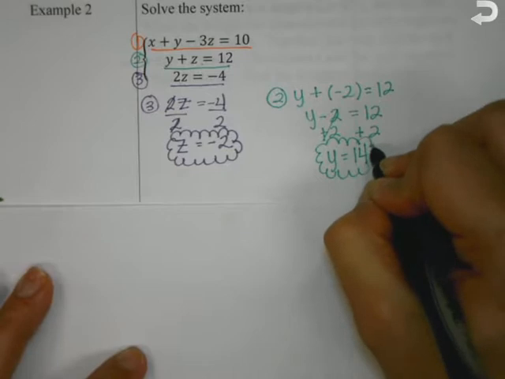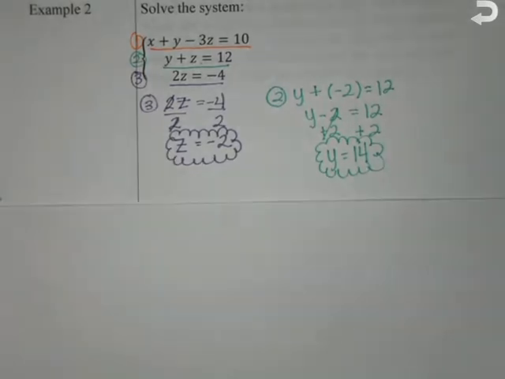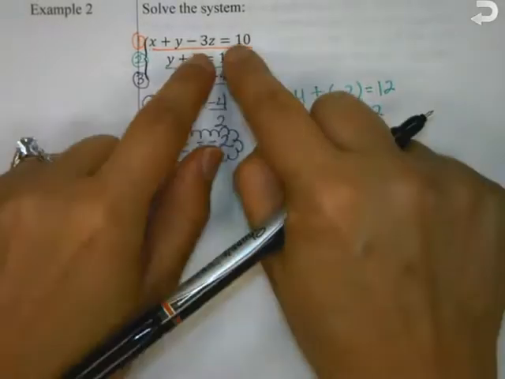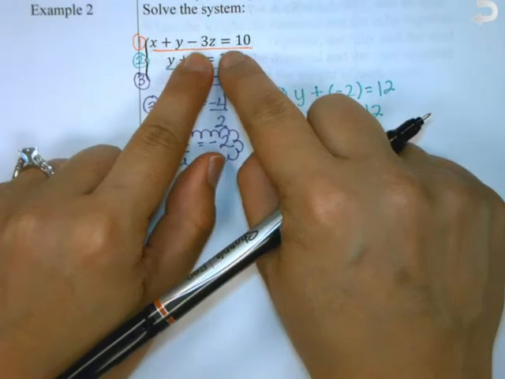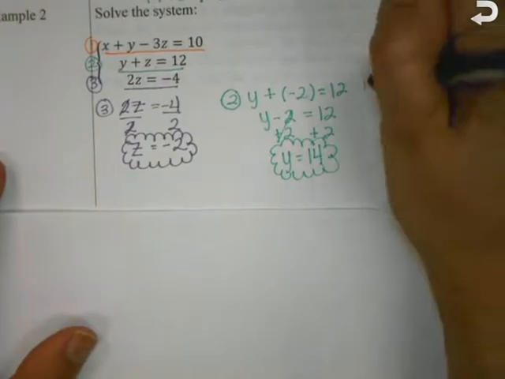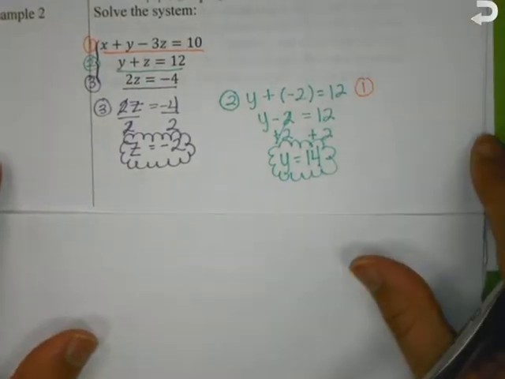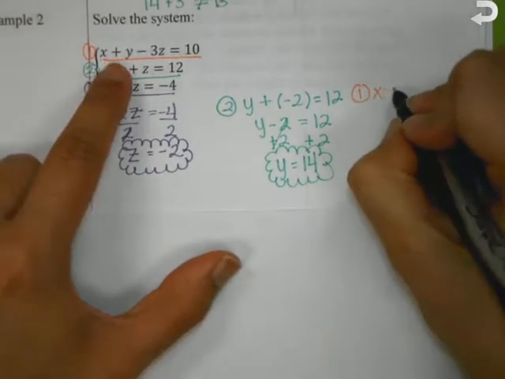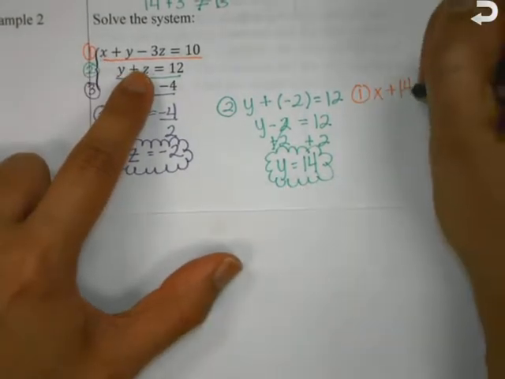Okay, now I know what z is. I know what y is. So I have all the information to plug it into equation 1, correct? So let's plug everything into 1. That is x, we don't know it yet, plus y, which is 14, minus 3z, which is negative 2, equals 10.